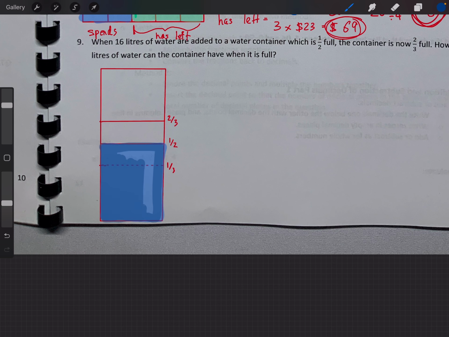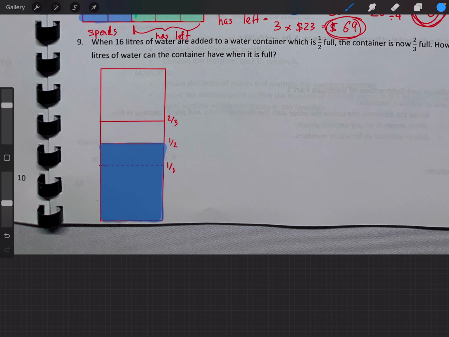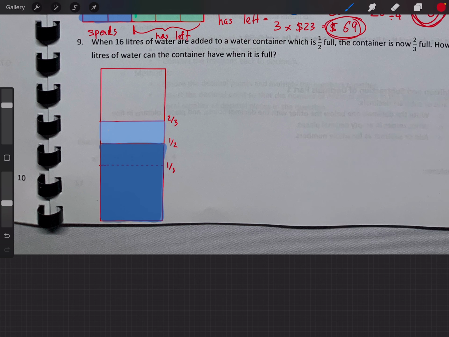Now we're going to add 16 liters of water, and that is this one here. So this is your 16 liters of water. We added 16 liters and it turned from a half to 2/3.